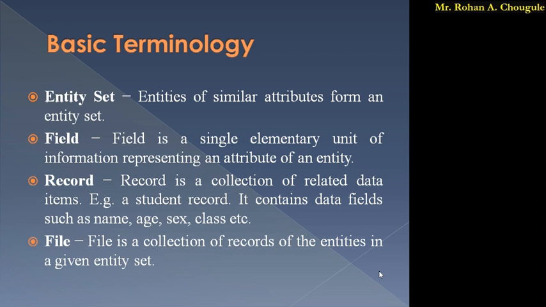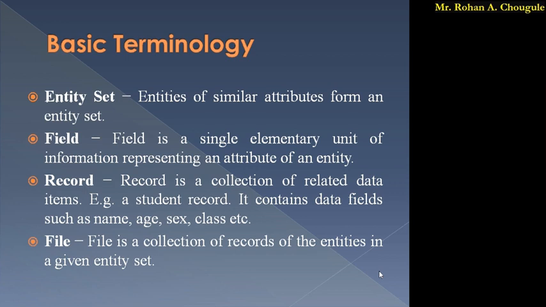Suppose I want to save the record of a student. While storing the record of a student, I am going to store only data related to the student. It may be the name of the student, age, sex, male or female, and which class he or she belongs to.